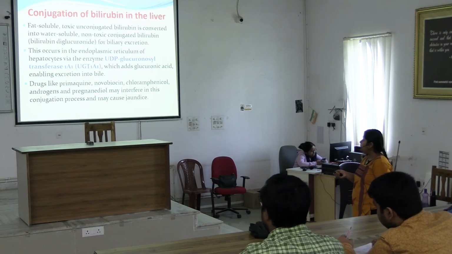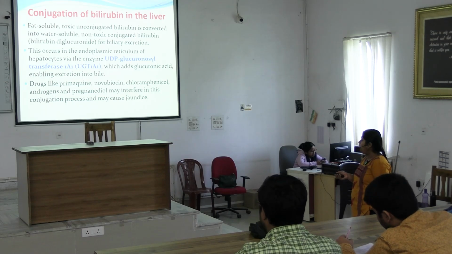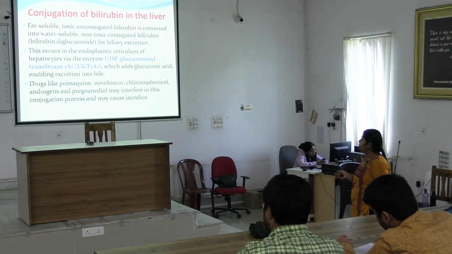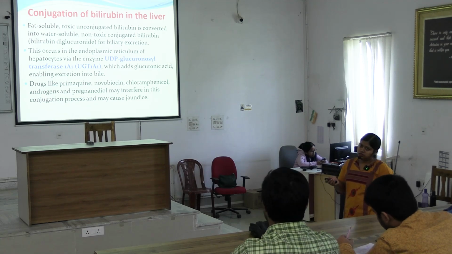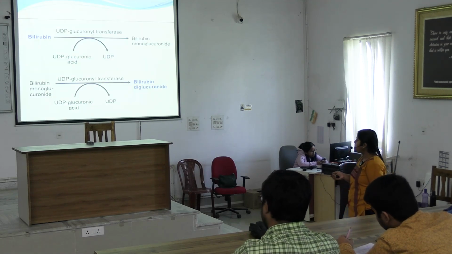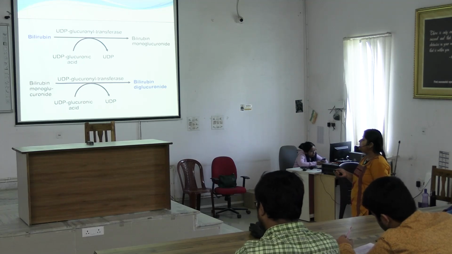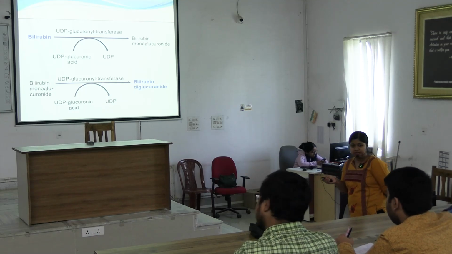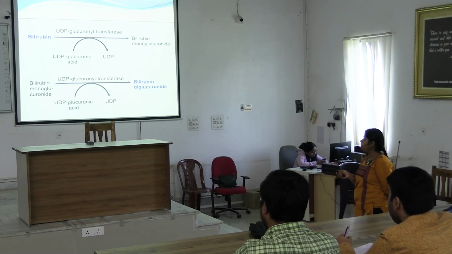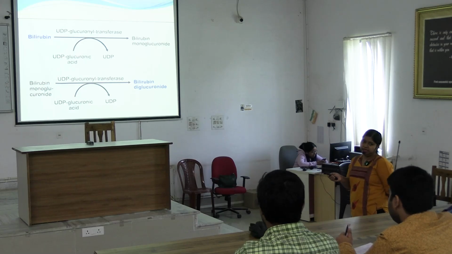Drugs like primaquine, chloramphenicol and various other hormonal drugs may interfere in this conjugation process and may cause jaundice. Okay. So look, this conversion of bilirubin to bilirubin diglucuronide occurs in two steps. Both steps are mediated by the same enzyme UDP glucuronyl transferase, but it adds one glucuronic acid at a time.